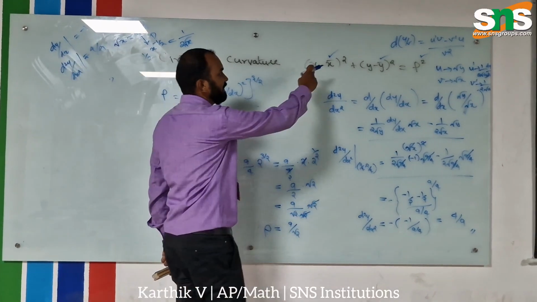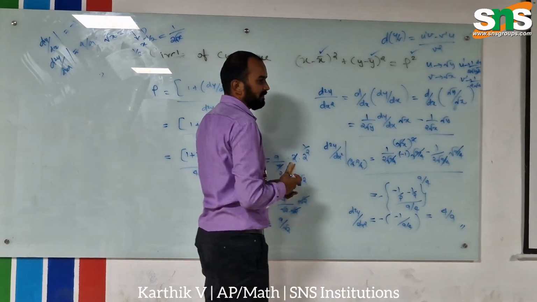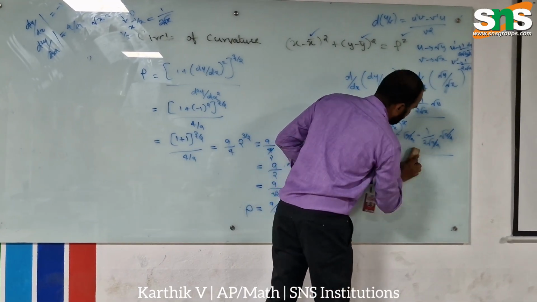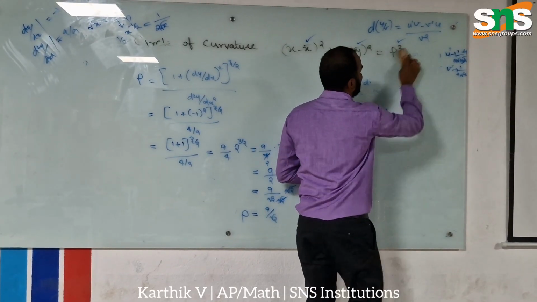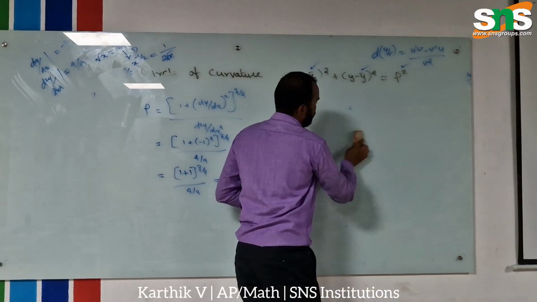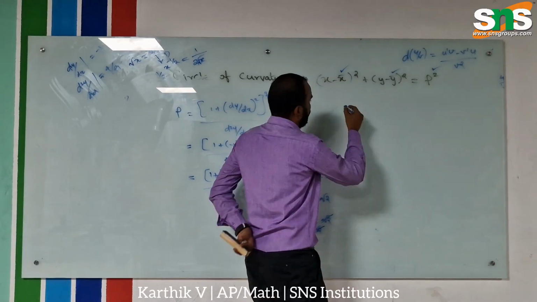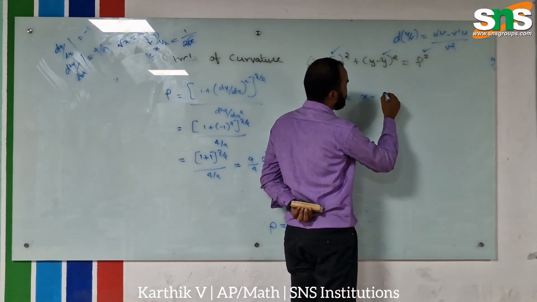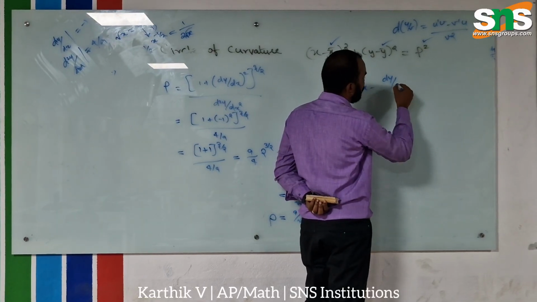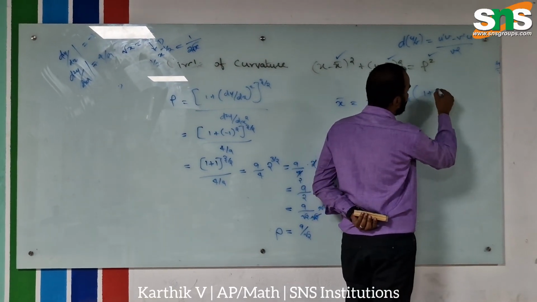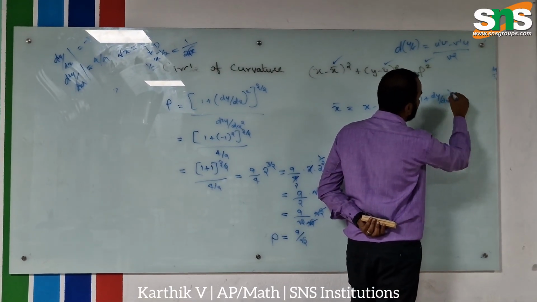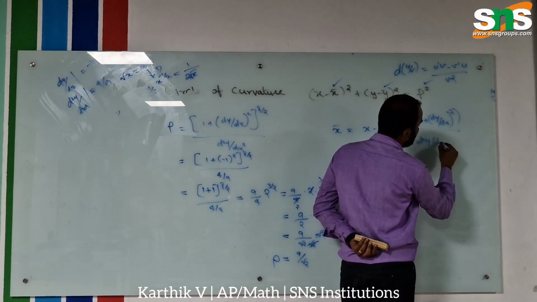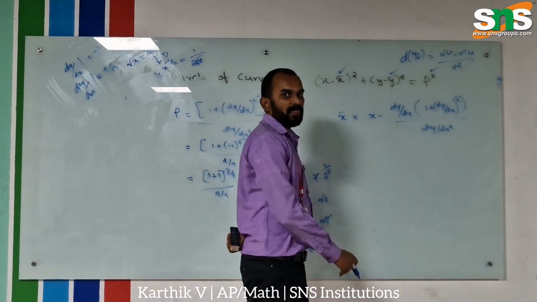Next we have to find x bar and y bar. The x bar formula is x minus dy by dx into 1 plus dy by dx whole square, whole divided by d square y by dx square.